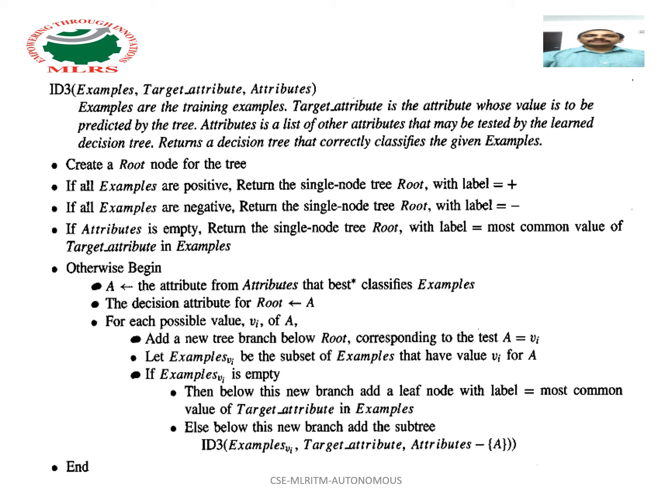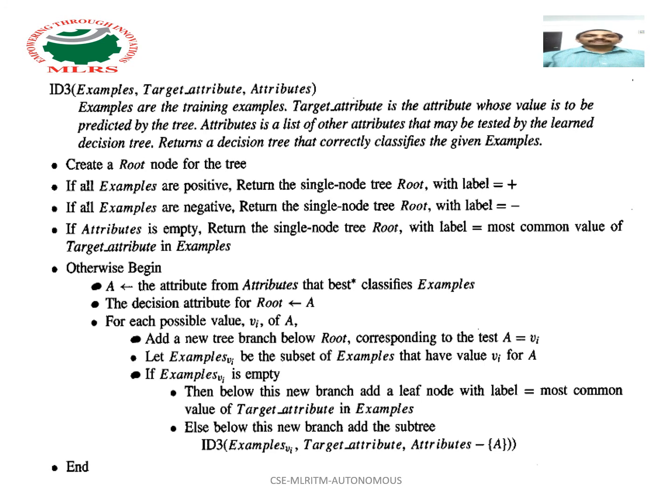Here, this is the ID3 algorithm. The first step in this algorithm is to create the root node. If all the examples are positive, return the root node with label plus. If all the examples are negative, then we return the root with label minus.